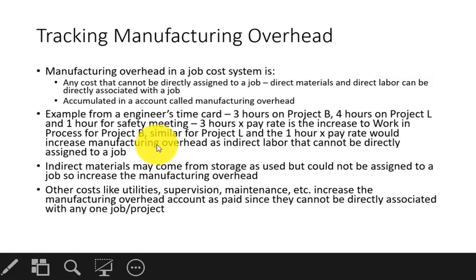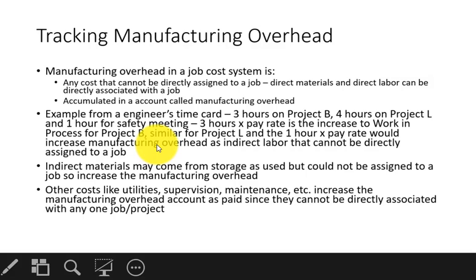There would be utilities. There will be supervision costs, the cost of the supervisors, the foreman, that sort of thing. People that come and clean up after those who actually do the direct labor, the maintenance, the people who fix the machines when they break down. All of those are going to go into the manufacturing overhead.